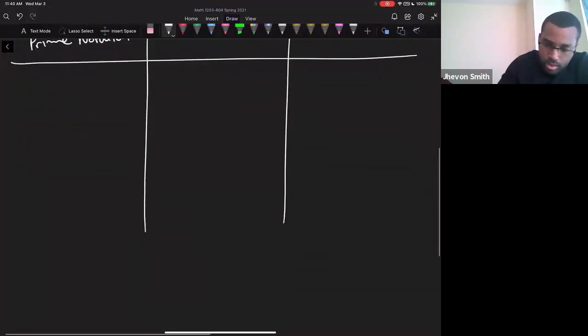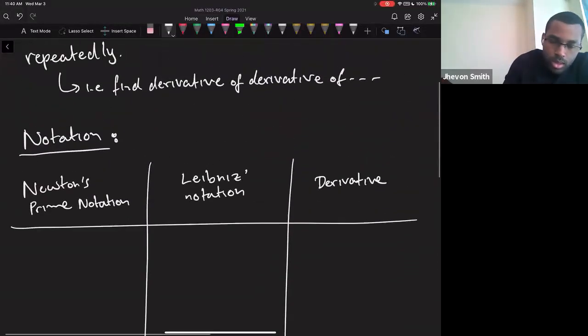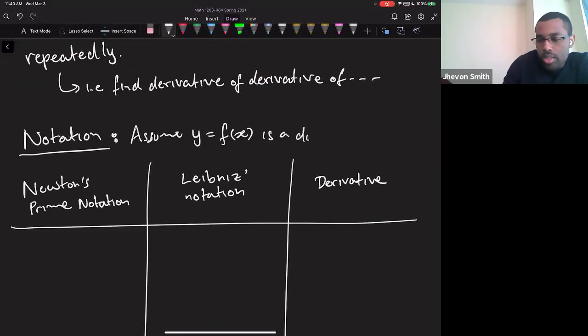So assume y equals f of x is a differentiable function, repeatedly differentiable.